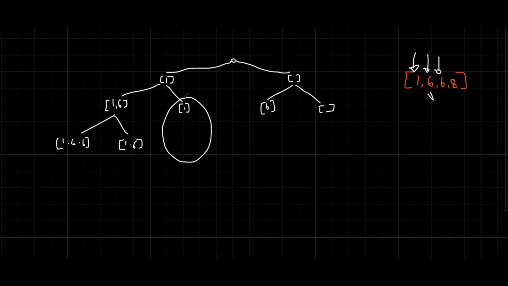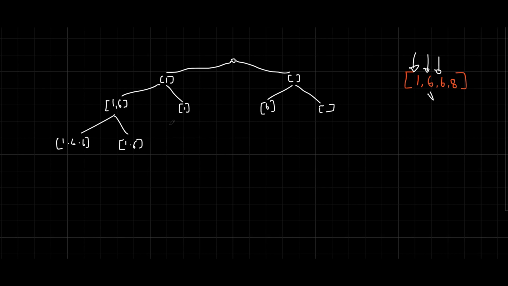Either I can take 6 into the subset or I can ignore it. If I take 6 into the subset, our subset will become 1 and 6. Okay, wait. This 1 and 6 is exactly equal to this 1 and 6. So, in this case, if we take the second 6, we will end up with a duplicate value.